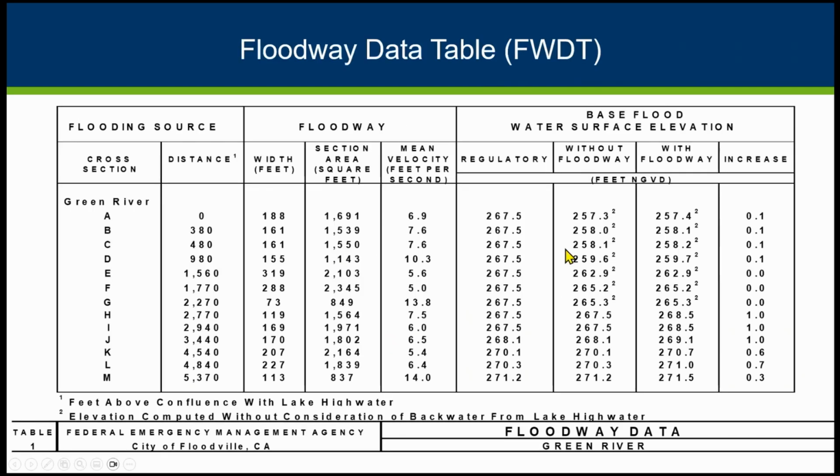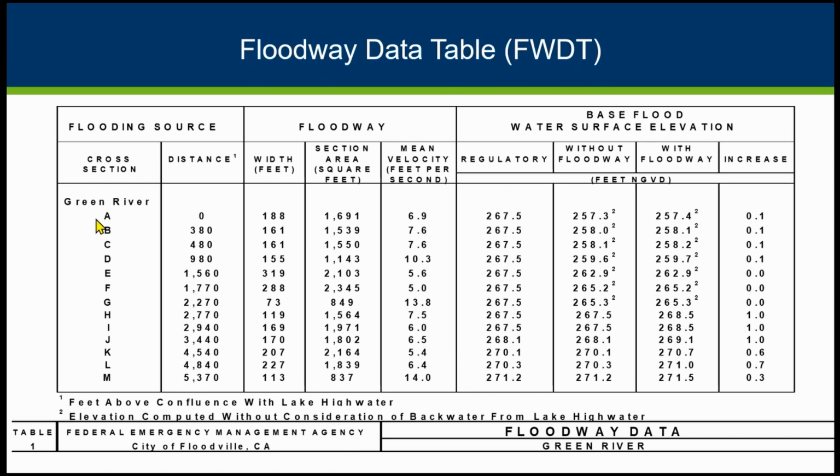So in the flood insurance study, where we have the detailed studies, there will be a floodway data table for each water course. And this is not a real example in Minnesota. It's from a fake community one, but it'd be the same things that we have in our flood insurance study. You'll have the cross sections, and they start from the lower part of the stream.